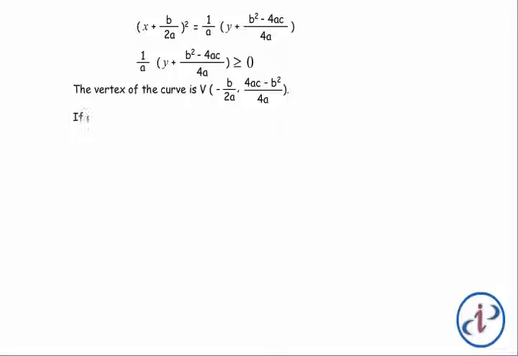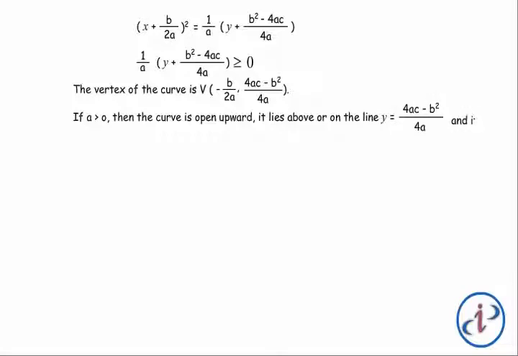If a is greater than 0, then the curve opens upwards. It lies above or on the line y is equal to 4ac minus b squared by 4a, and it is symmetric about x is equal to minus b by 2a. If a is lesser than 0, then the curve opens downward.